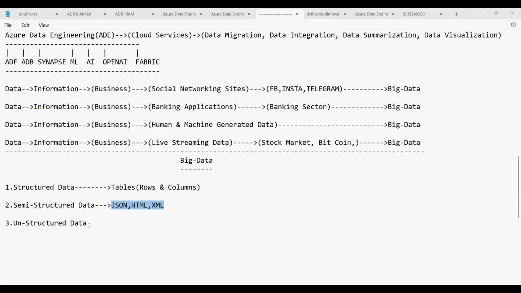You have unstructured, guys. Unstructured means there is no proper structure for the data. That means the photos in your mobile phone, videos, chat history, and then you have the voice notes.